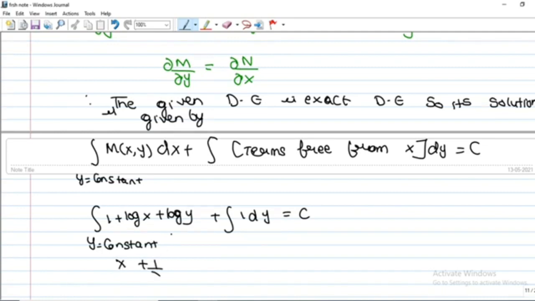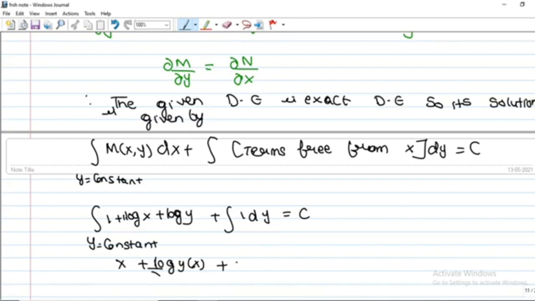When we integrate, here we will use the product rule. So this log y integration will be log y into x, and here you will take 1 and apply the product rule, that is integral u dot v dx equals u into integral v minus integral of du by dx into integral v. So that formula will be used. You must know that formula.